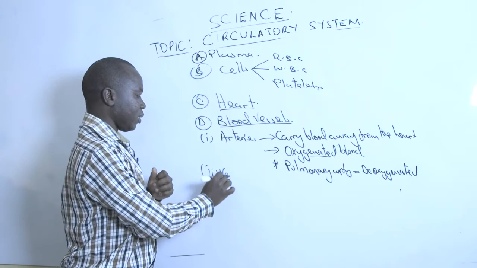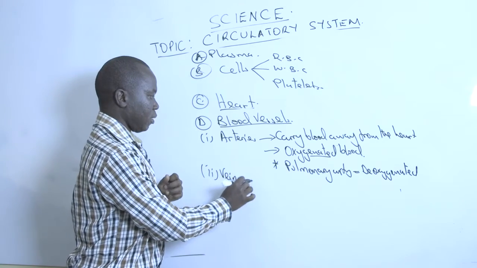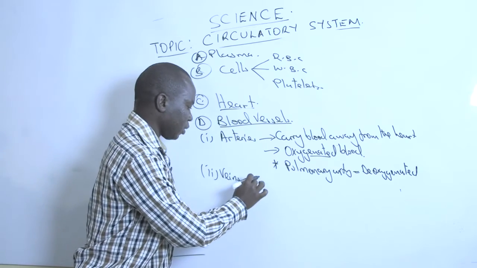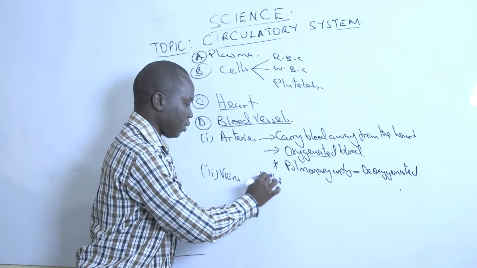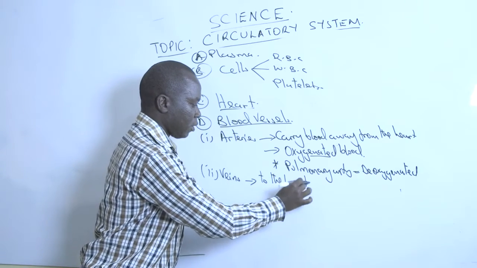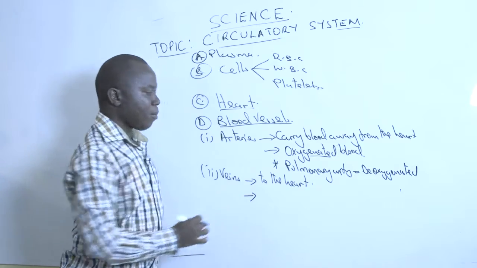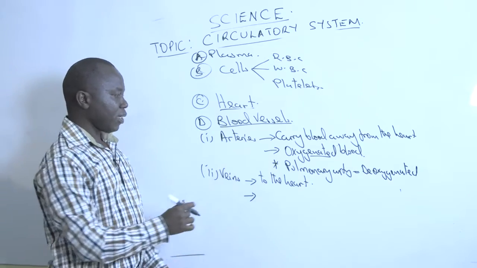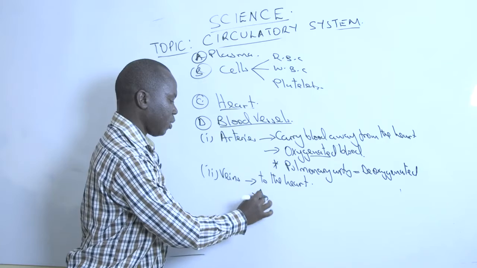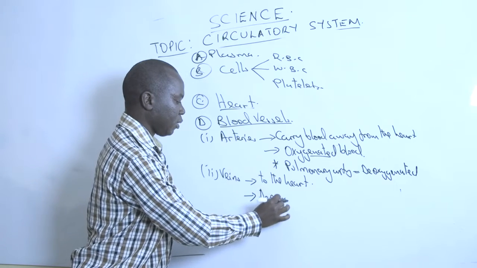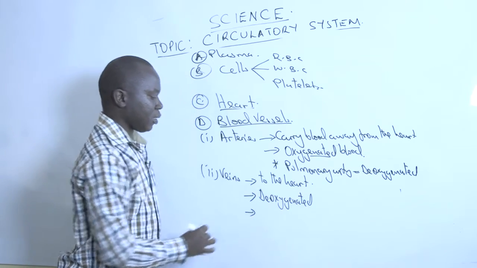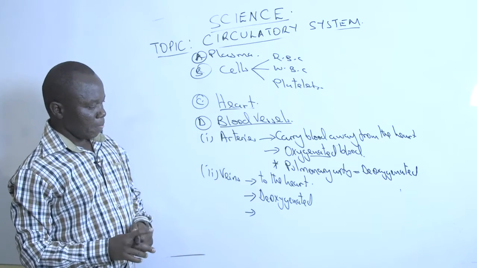We have the veins. Veins carry blood to the heart. Most of the blood carried in the veins is deoxygenated.